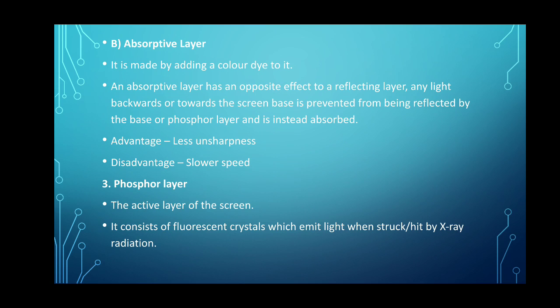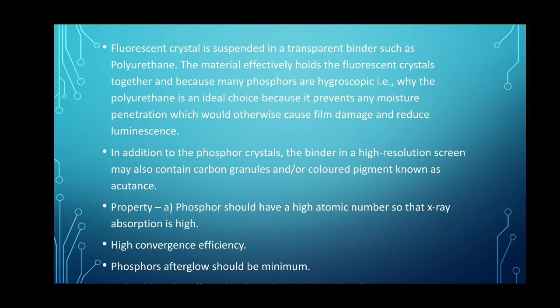Third, we will discuss the phosphor layer, the active layer of the screen. It consists of fluorescent crystals which emit light when hit by X-ray radiation. Fluorescent crystals are suspended in a transparent binder such as polyurethane.